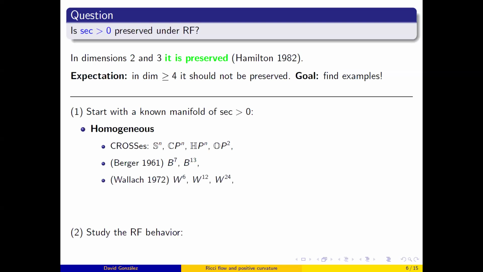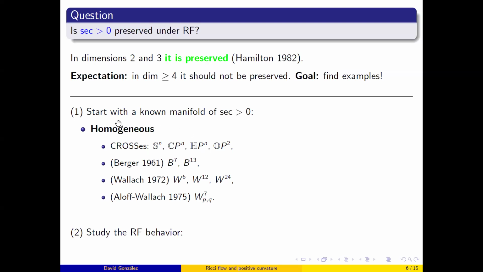A few years later, Wallach constructed 3 spaces. And then Aloff and Wallach constructed an infinite family. The number here stands for the dimension. And the subindices p and k are integers that parameterize this infinite family. So we only know infinitely many of them in dimension 7.